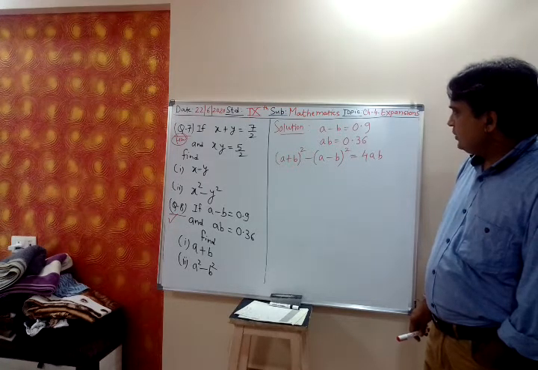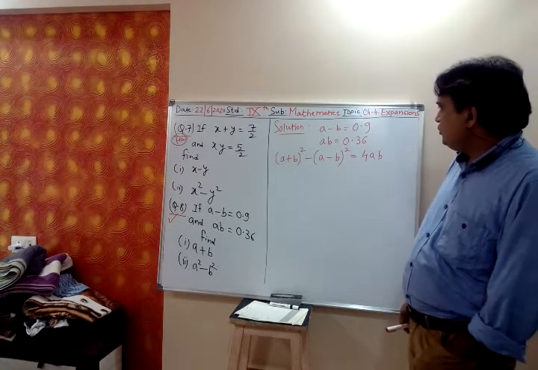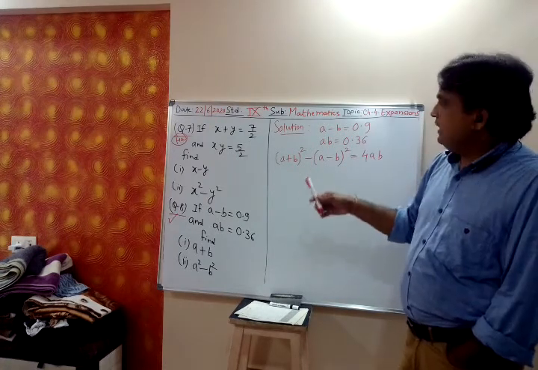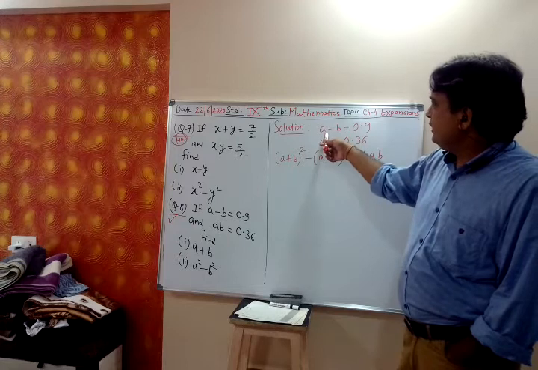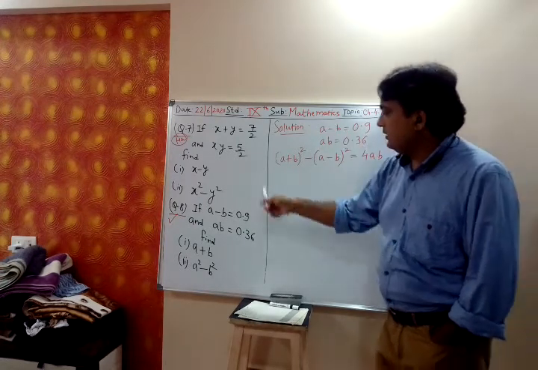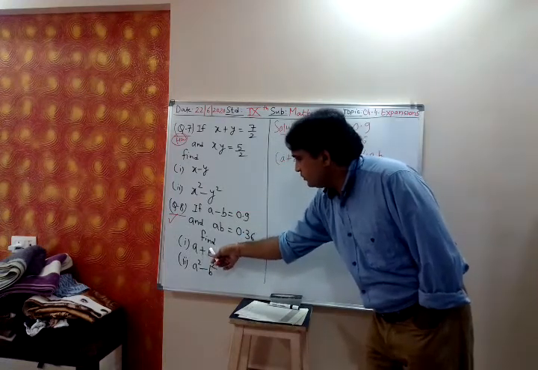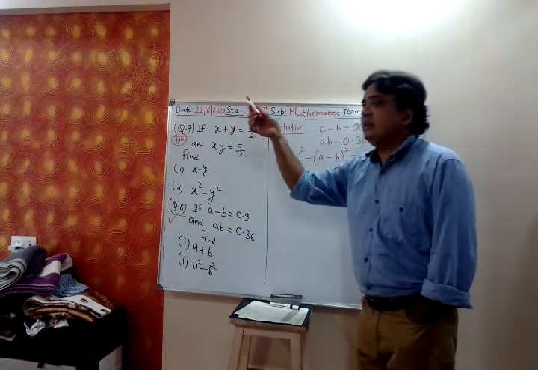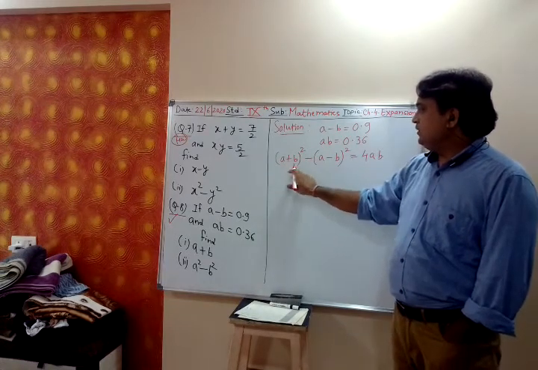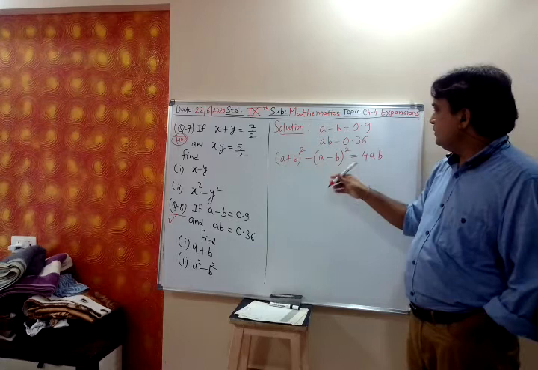You can use the formula a square plus b square minus 2ab, but then you would have to get a square plus b square again. Instead, consider a plus b whole square minus a minus b whole square.